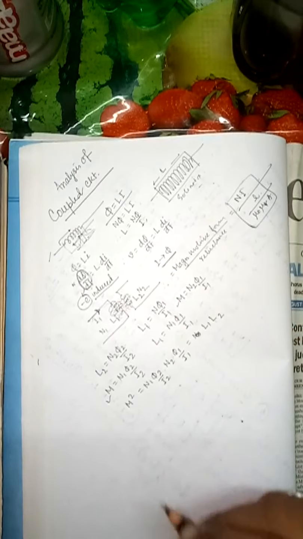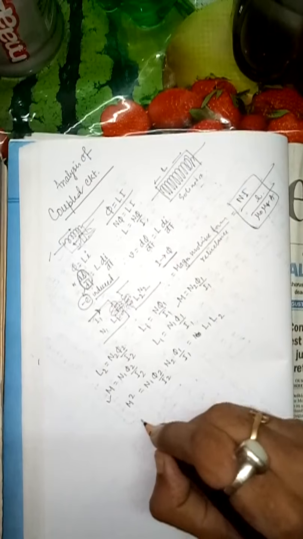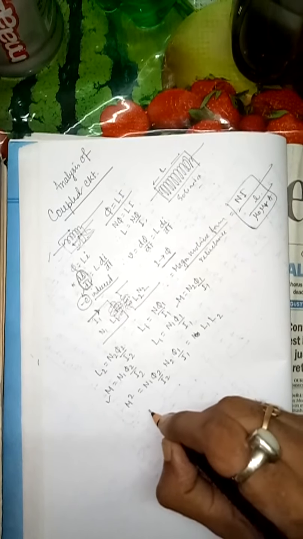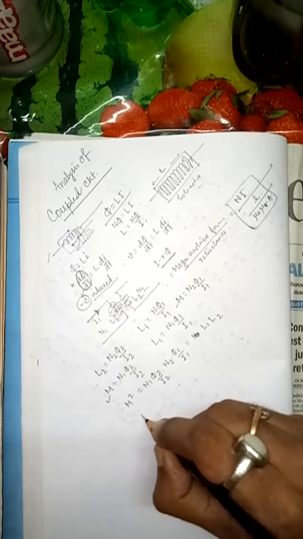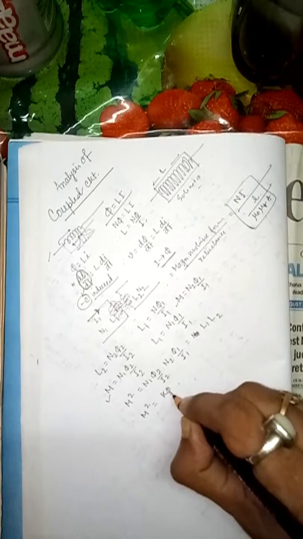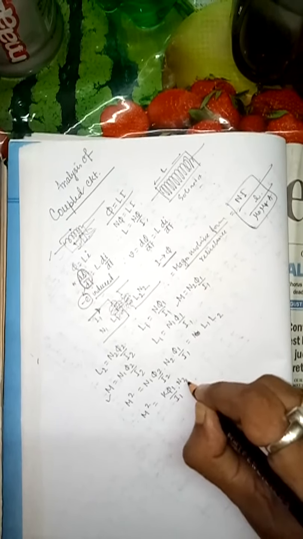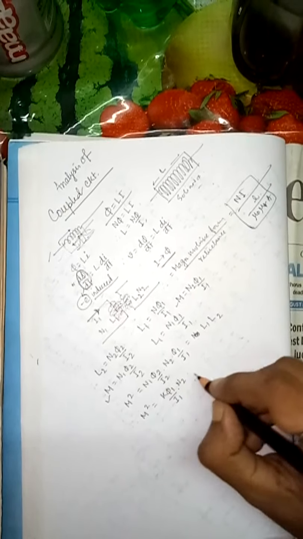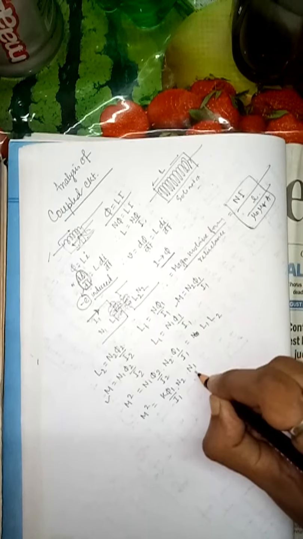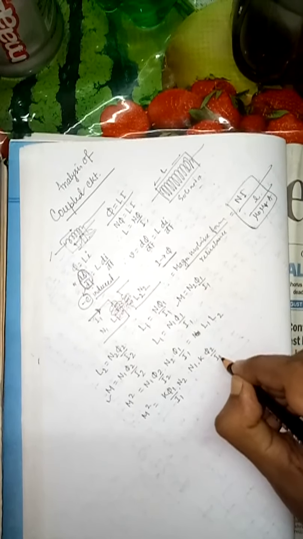But on the other hand, if you are considering in this way, that phi 1 equals K phi 1 by I1 into N2 as it is given, and phi 2 equals N1 K phi 2 by I2.